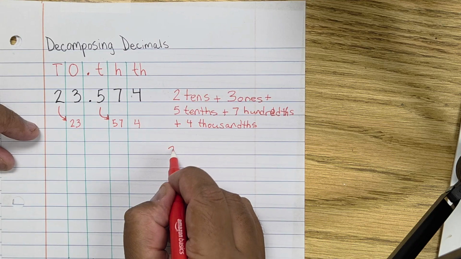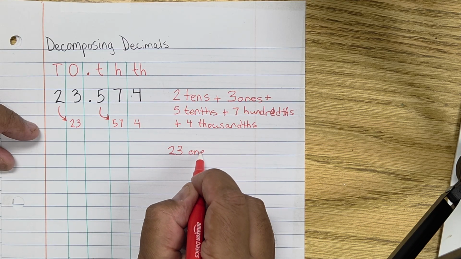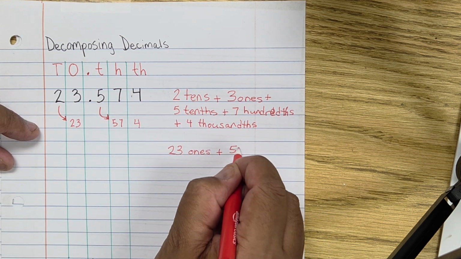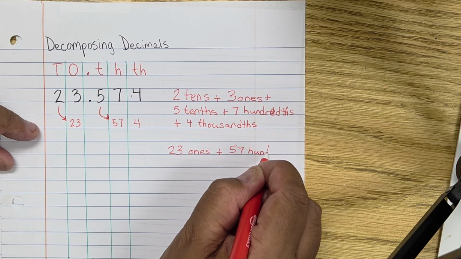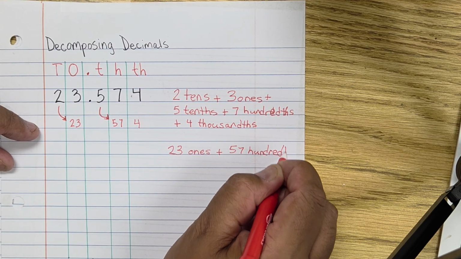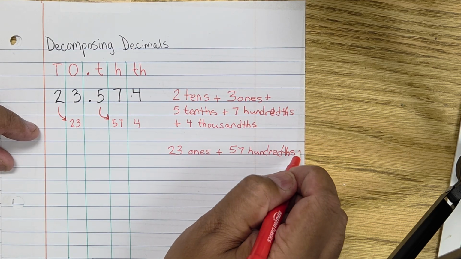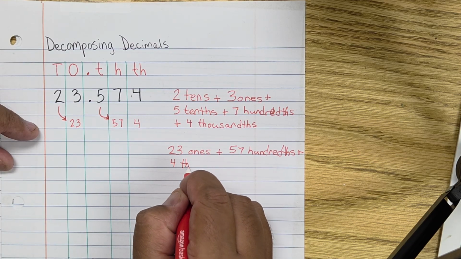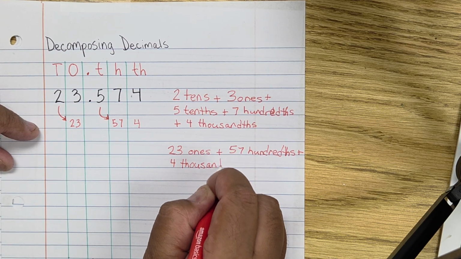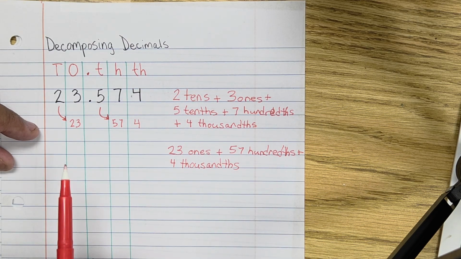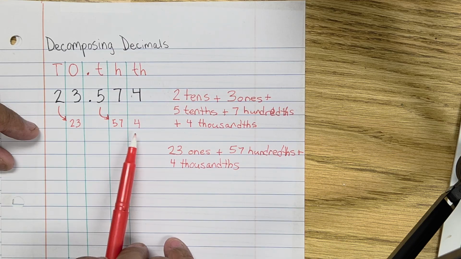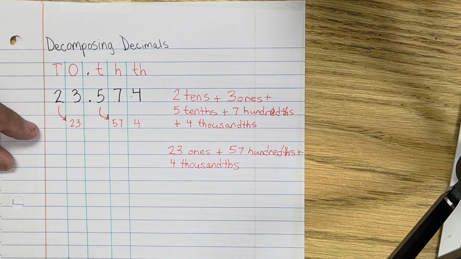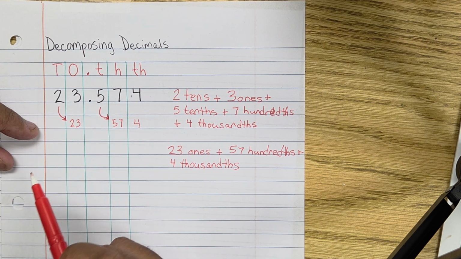That's exactly how I'm going to start. 23 ones plus 57 hundredths plus 4 thousandths. So I have 23 ones, 57 hundredths, and 4 thousandths. And that equals the original breakdown that we had. And we can decompose decimals in multiple ways.